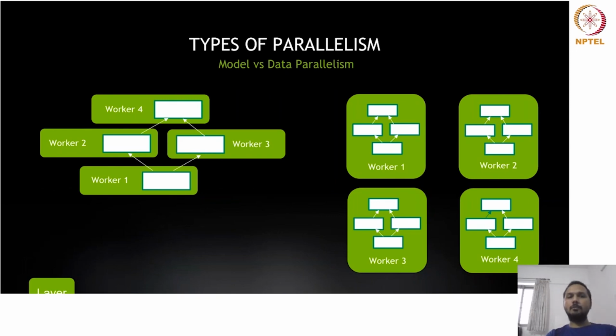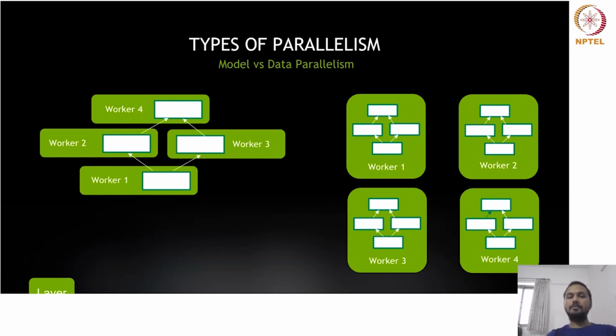Model parallelism is more difficult and it is primarily used when you cannot fit the whole model into one GPU memory. GPUs nowadays come with almost 80 GB of memory. If you're talking about models, nowadays you have models up to a few trillion parameters. In that case, it is almost impossible to fit them into one GPU. So you need to make use of model parallelism.